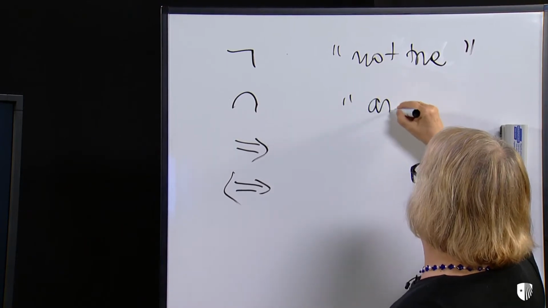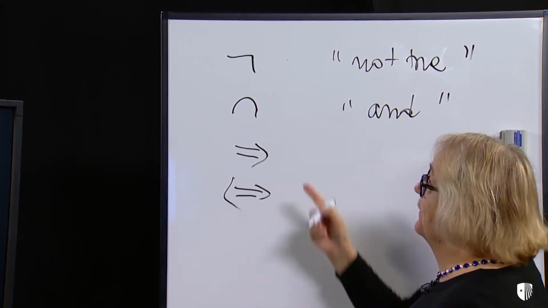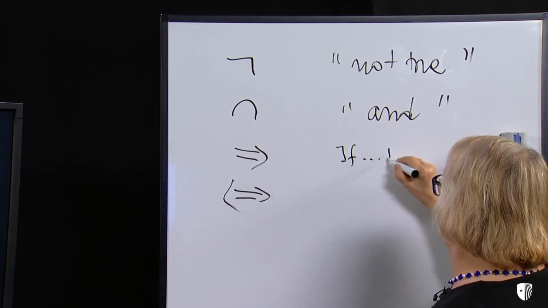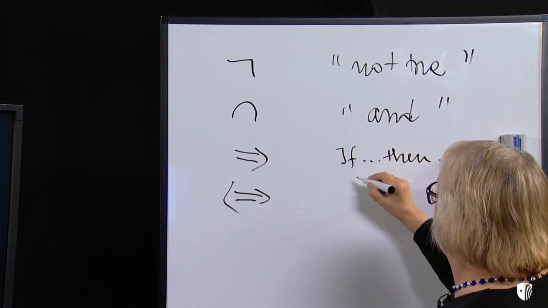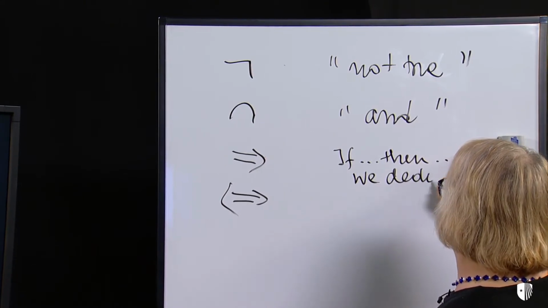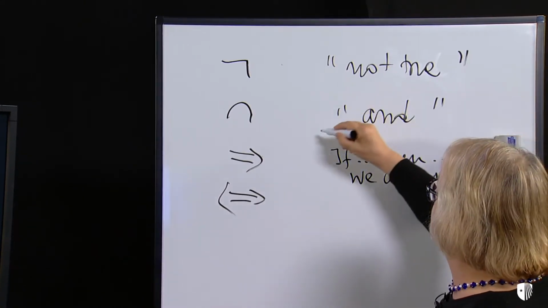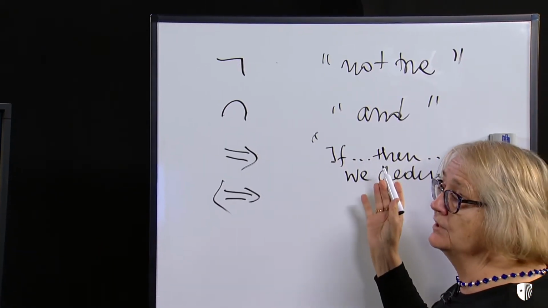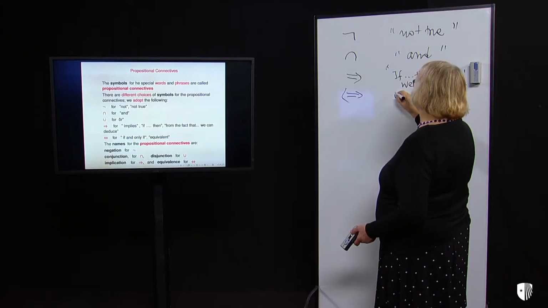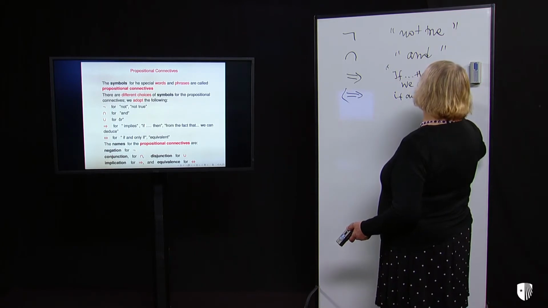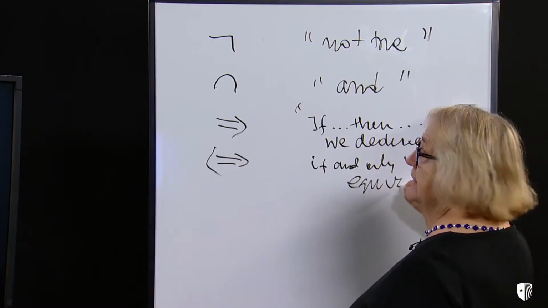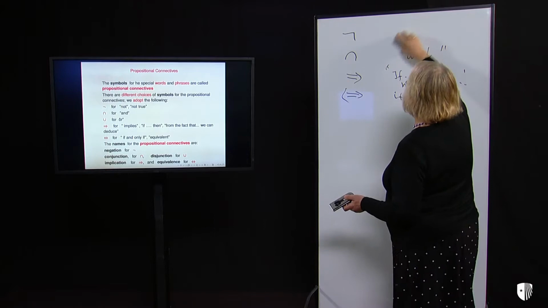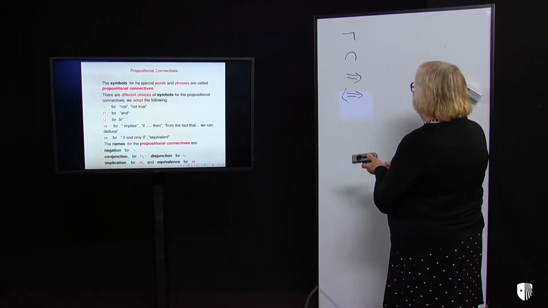This is for and, so we read it and. That is for if, then, and other, we deduce, etc. So these are the phrases in natural language, and those are the symbols, and that one is if and only if, or equivalent. Those are how we read them.